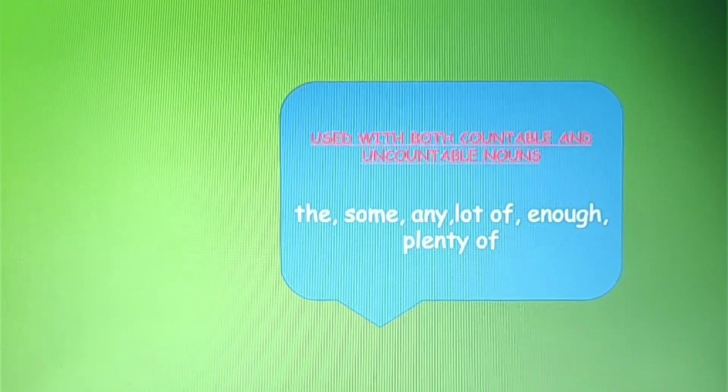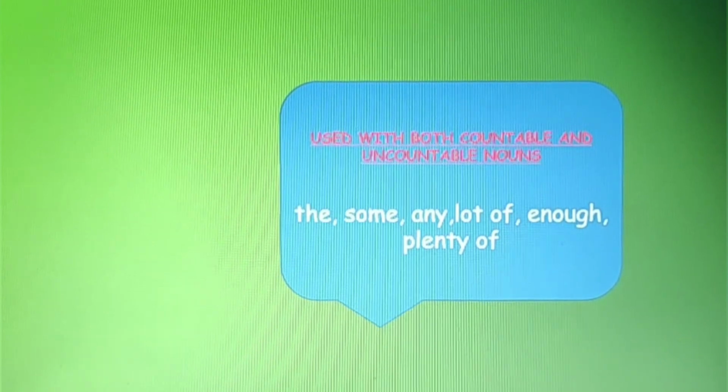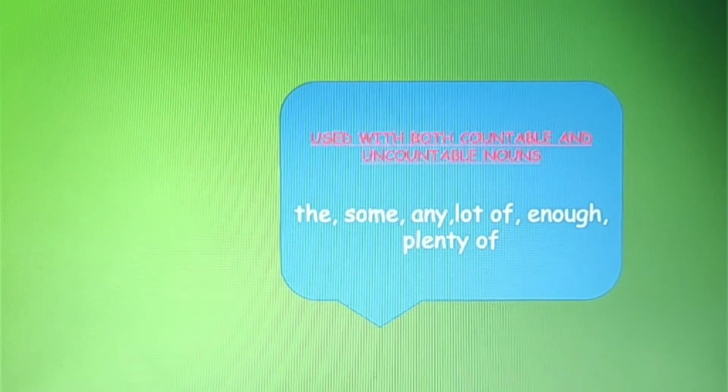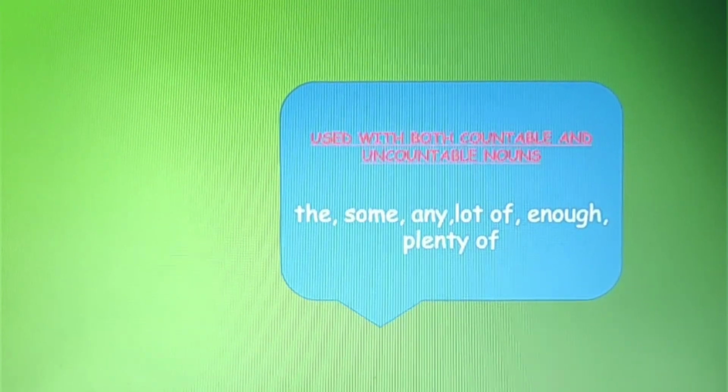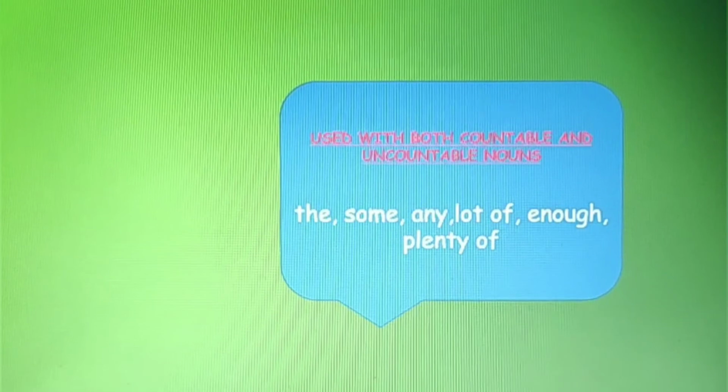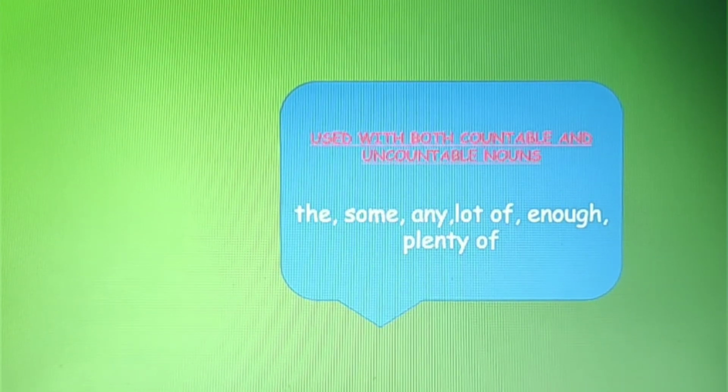So, the table which I brought from the market. In the same way, the can be used with an uncountable noun, where we can say the liquid, the milk, for example. Give me the milk that is in your hand. So even with uncountable nouns which we cannot count, we can use the word the.